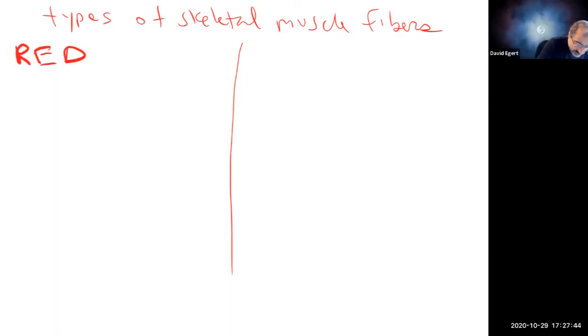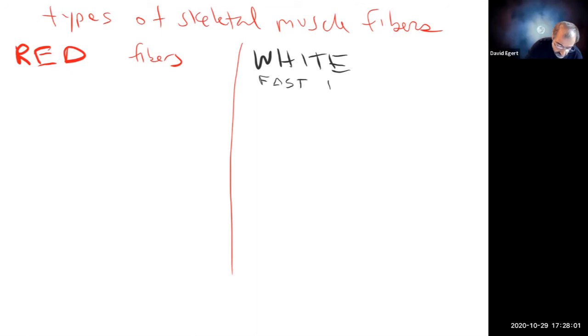Red fibers versus white fibers. White is also known as fast twitch. White is also known as glycolytic.